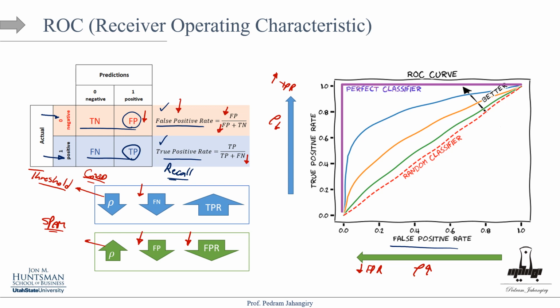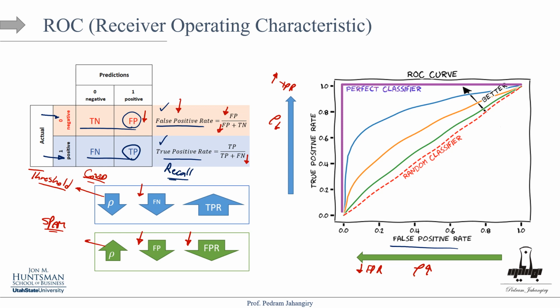Now, based on different values of threshold, we can calculate different false positive rates and true positive rates. And ROC is basically the curve that summarizes all these numbers for us. If the threshold is 0, what are the answers? If the threshold is 0.1, what are the true positive rate and false positive rate?